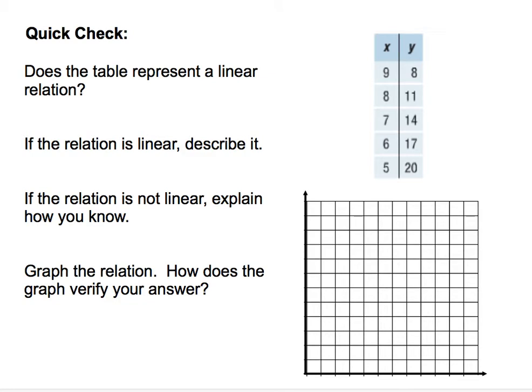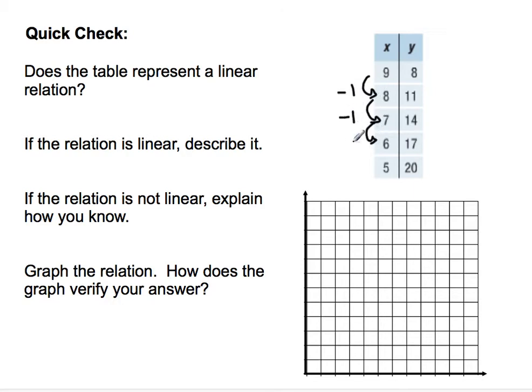So here's a quick check. If you want to stop the video and try this one and then resume, I'll work through it with you. So welcome back. Does the table represent a linear relation? Well, let's see. Here we're subtracting 1, subtracting 1.